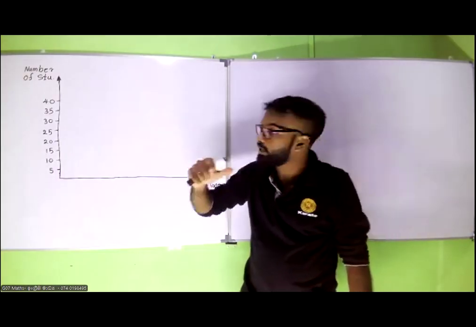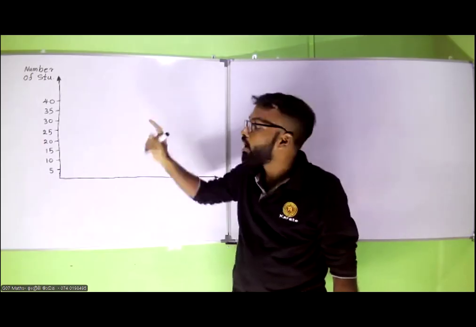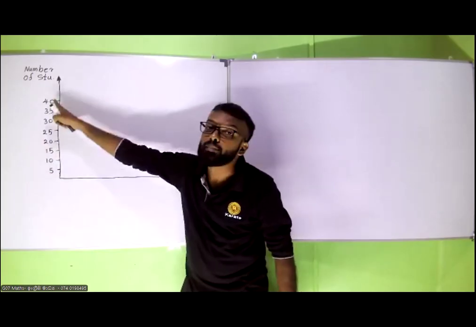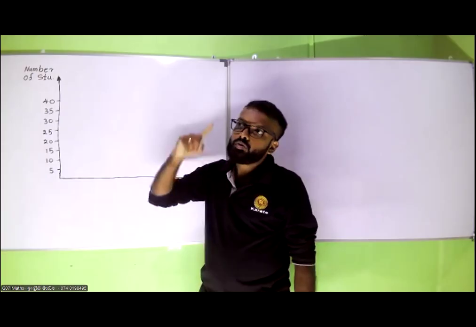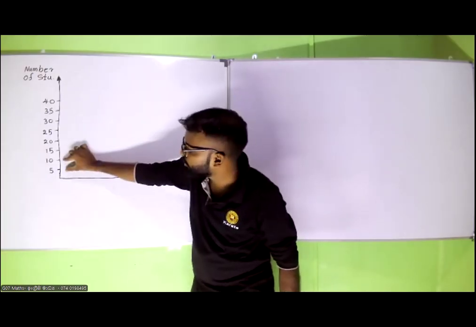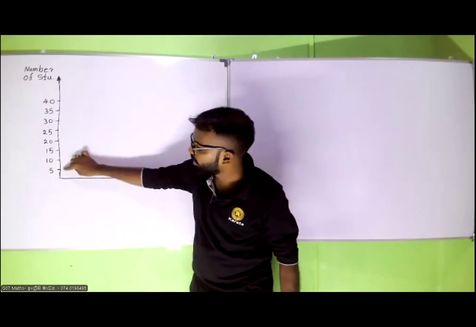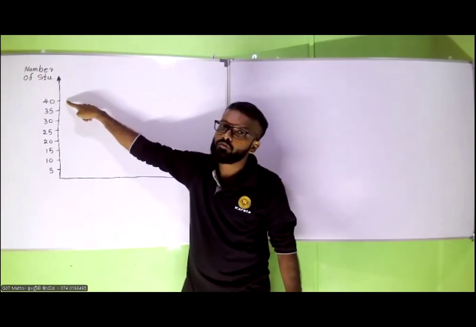In the data set, first of all I look for the minimum and the maximum number. Why is that? To determine this minimum number and the maximum number. Then I know 5 to 40, so I have to allocate equal spaces starting from 5 to 40: 5, 10, 15, 20, 25, 30, 35, 40.